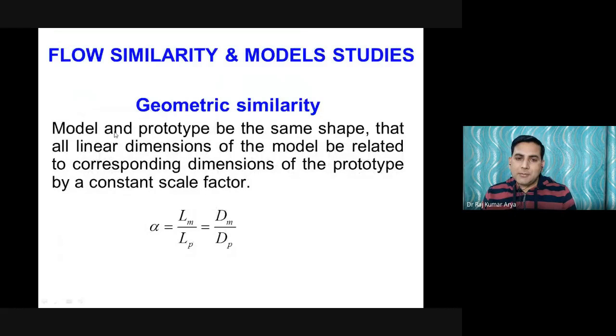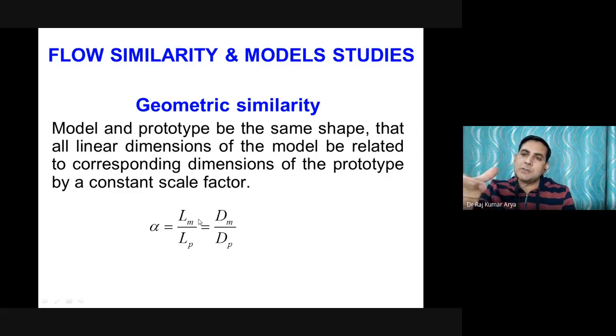First thing here, we talked about geometric similarity. Geometric similarity rules must be applied from model to prototype. It means all your dimensions should be scaled up or scaled down by the same factor. Let's say for the previous case you have a car. The car has some length, so its length should change by the same magnitude. Based on that, its height should also change by the same magnitude.